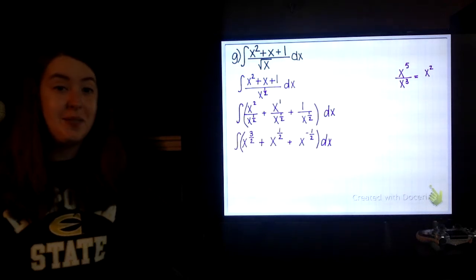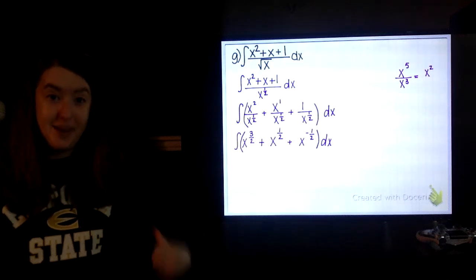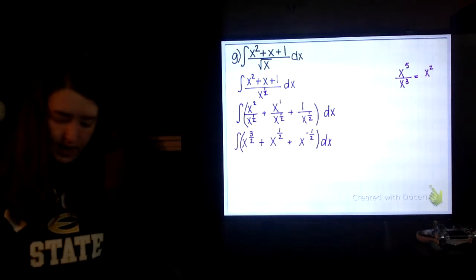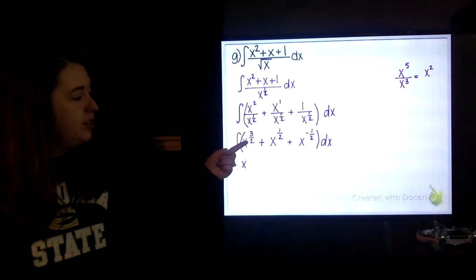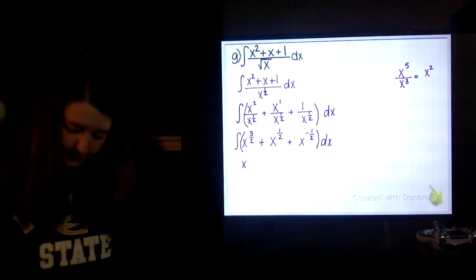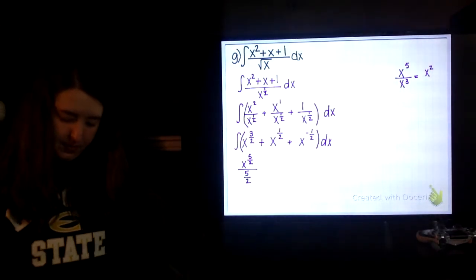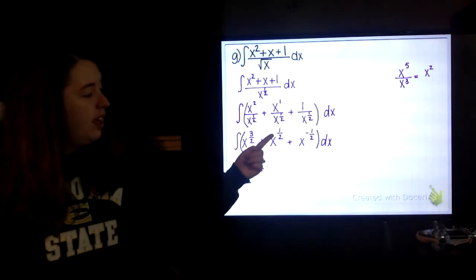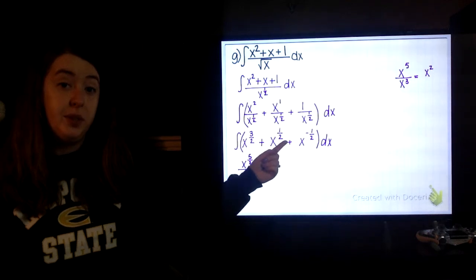So remember, what we're supposed to do is add 1 to the power and divide by the new power. So here we go. I have x, 3/2 plus 2/2, which is 1, is 5/2. So I have x to the 5/2 over 5/2 plus x to the 1/2. All right, so I got 1/2. I'll add 2/2 to it.